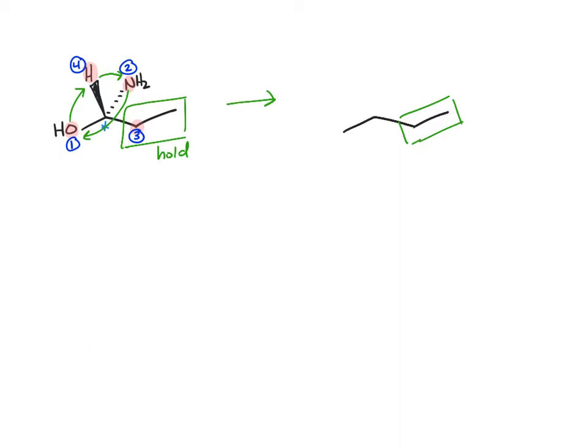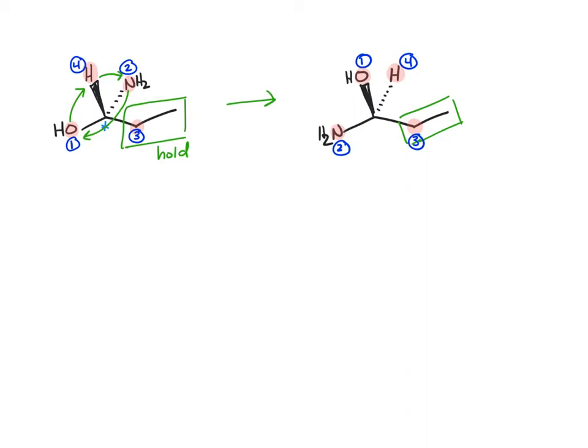Then we have our wedge and our dash, but after that rotation, I have the OH up here, the NH2 in the plane, and the hydrogen back, which is where we want it. Okay, just relabeling this with our atomic numbers. We've manipulated the molecule so that priority 4 group is back.